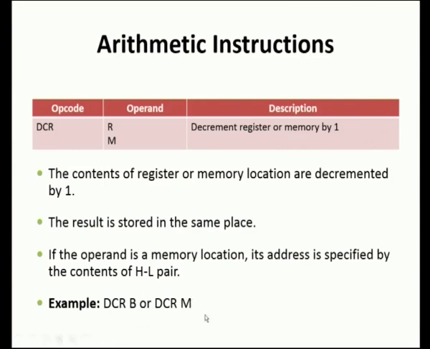DCR B or DCR M: one is for memory related, the other for register related. So, the B value is reduced by 1 and stored in the same register. If the B value is 28, then 28 minus 1 is 27. We use this instruction to decrement the counter value.